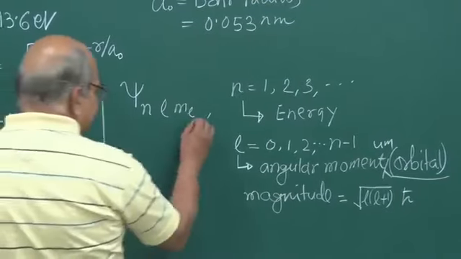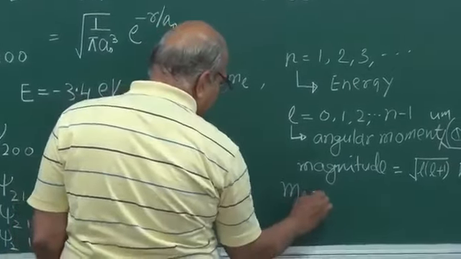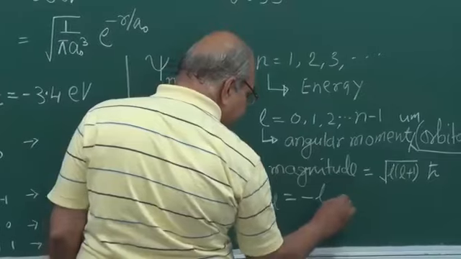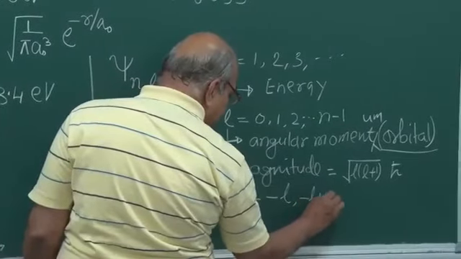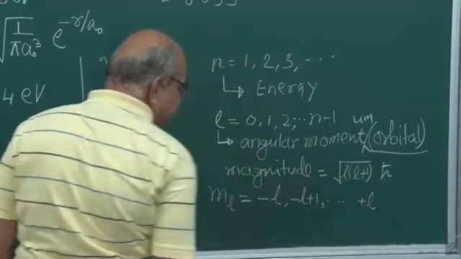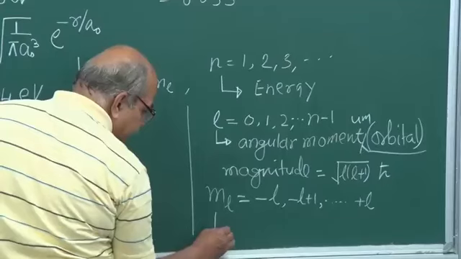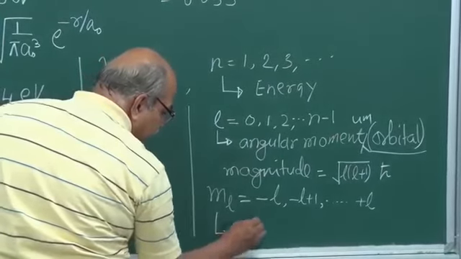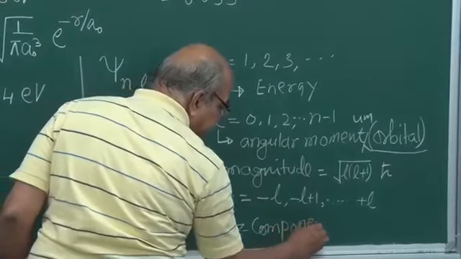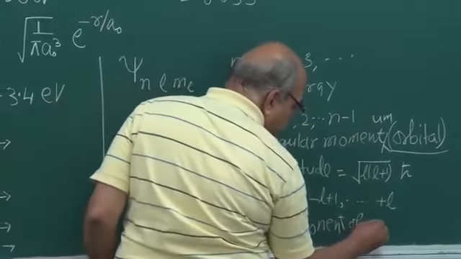And then this ml, the third one, should go from minus L in steps of 1, so minus L plus 1 and so on, and should end at plus L. And this is related to the z component of this orbital angular momentum.